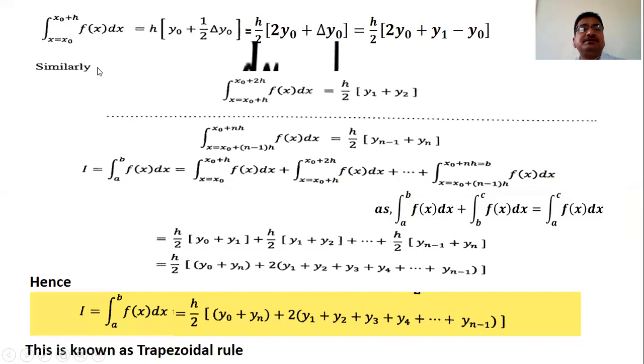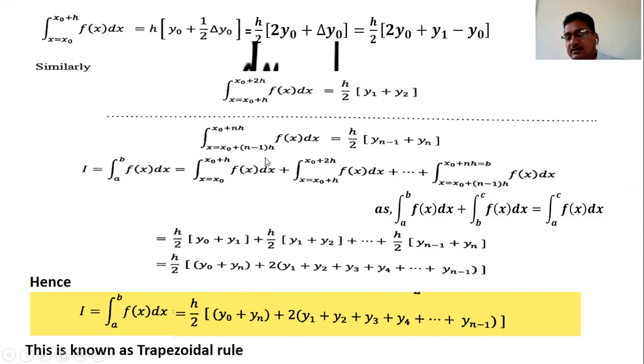That is, x0 to x0 plus h is the first interval. Then take the integration over the second interval, then the third interval, and in this way take the integration over the last interval and add all these. We get the integration a to b f(x) dx. So this is the proof of the trapezoidal rule.